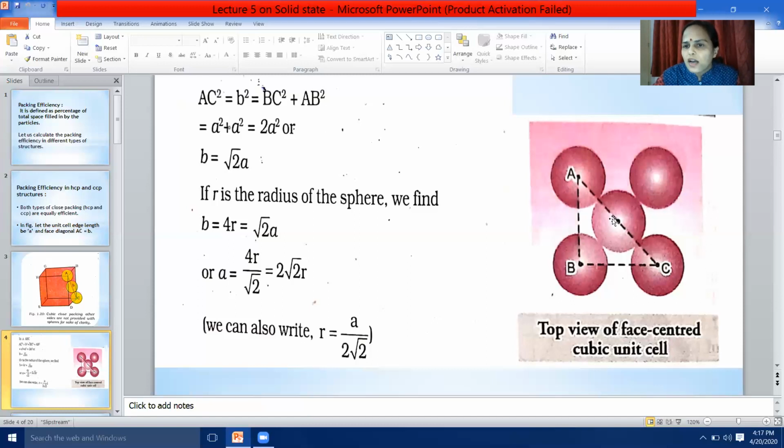So r plus r plus r plus r equals 4r. The value of AC, that is b, equals 4r. We calculated previously that b is also equal to root 2 a. So 4r equals root 2 a. The value of a is equal to 4r divided by root 2, that is, 2 root 2 r. Right? So a equals 2 root 2 r.